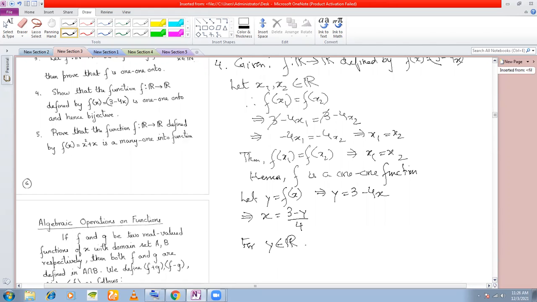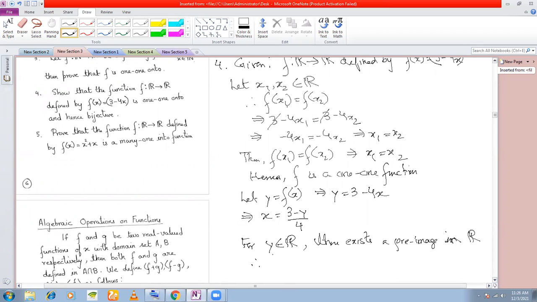For every y belonging to R, there exists a pre-image in R. Any exceptions here that you see? No exceptions. Unconditionally, any value of y that you take, it will have a pre-image.